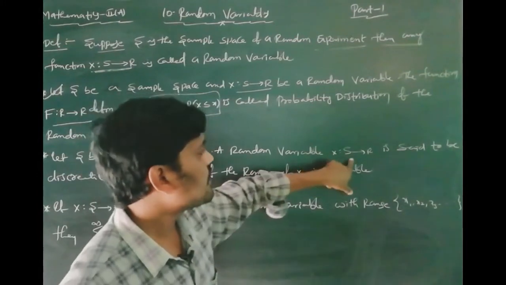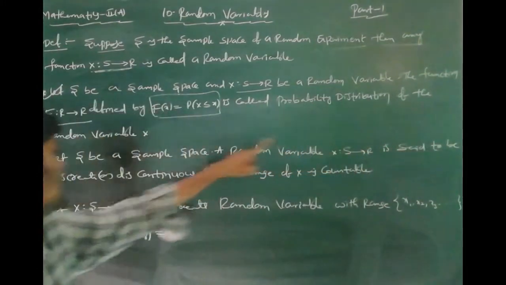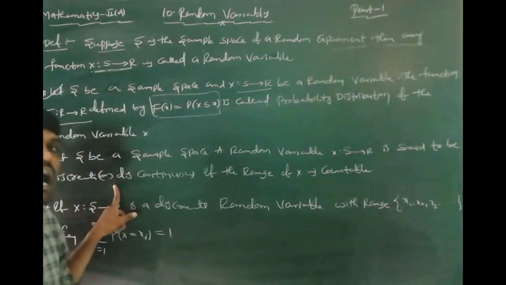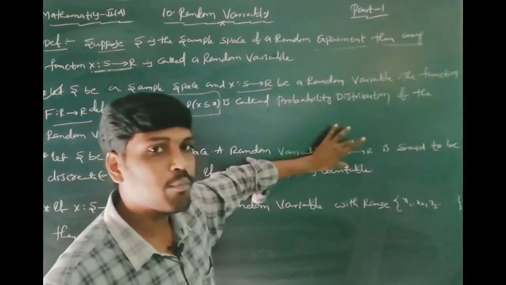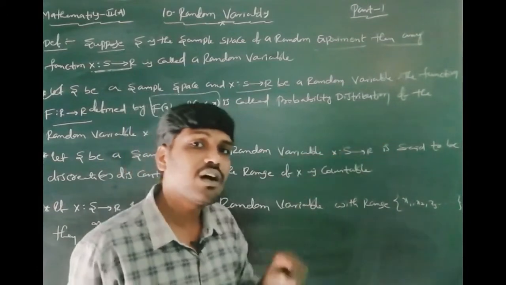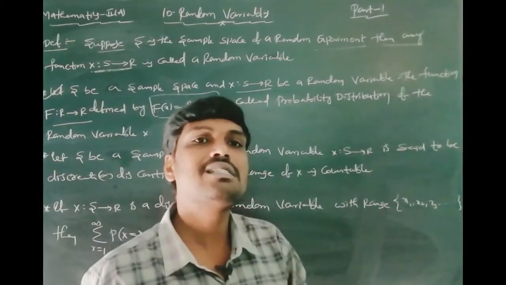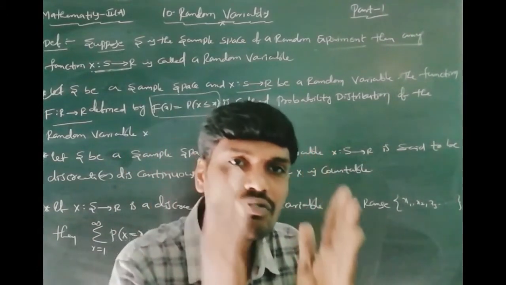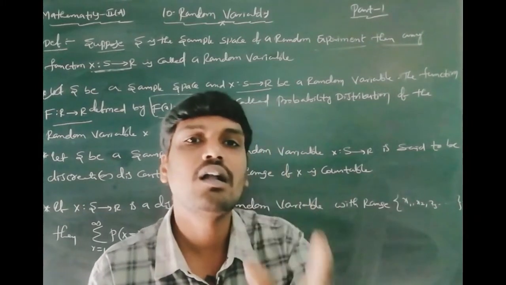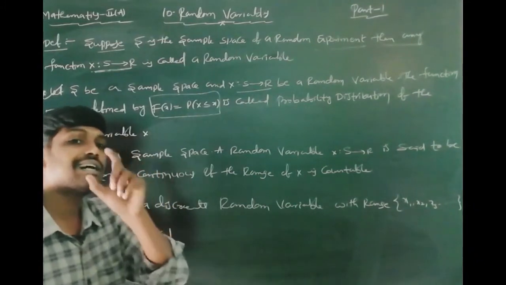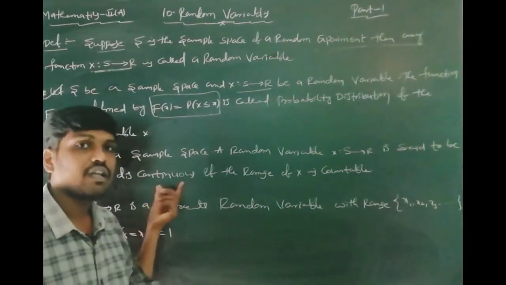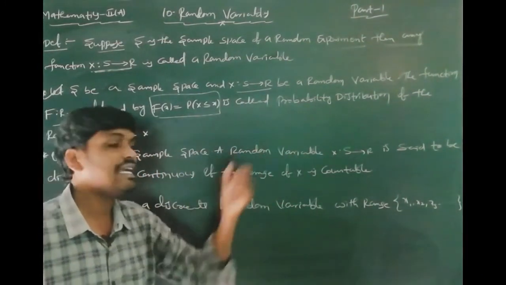That X from S to R is said to be discrete or discontinuous. This random variable X from S to R is called a discrete or discontinuous function if the range of X is countable.